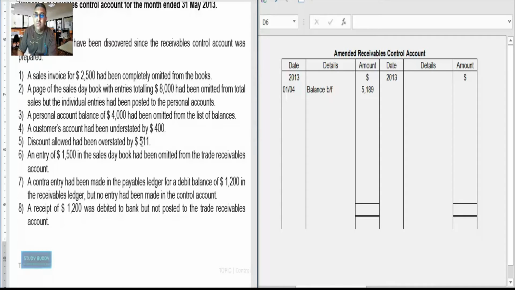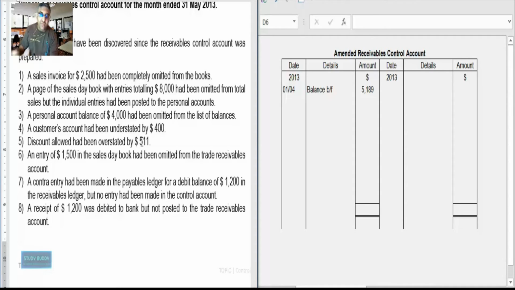If it has been completely omitted, it means that no entry has been made, neither in the general ledger, in the sales account, nor in the sales ledger in the trade receivables account. So the corrections have to be made in both the amended receivables control account and in the statement of reconciliation.